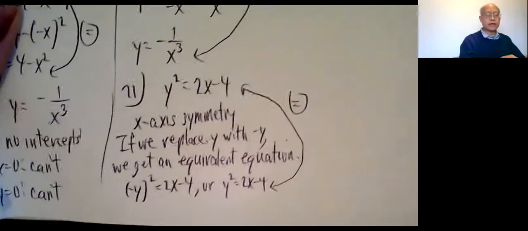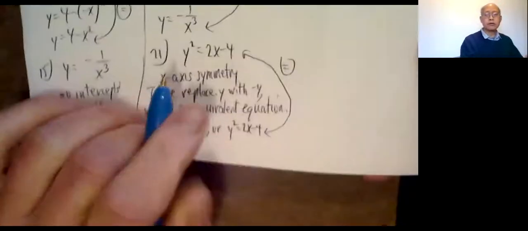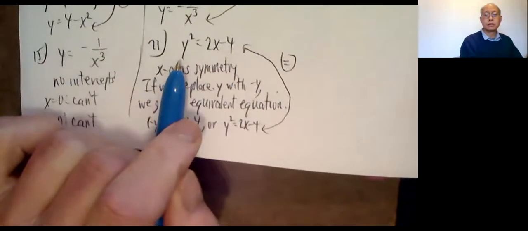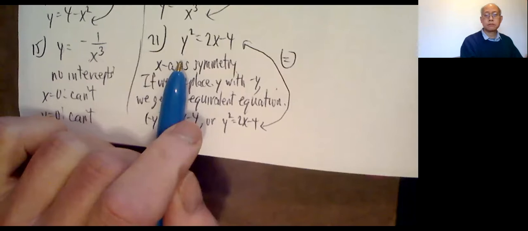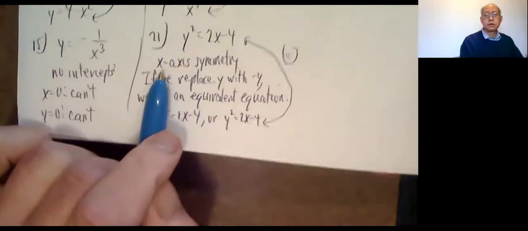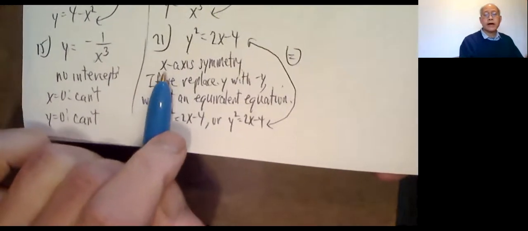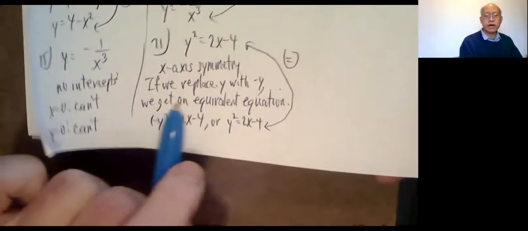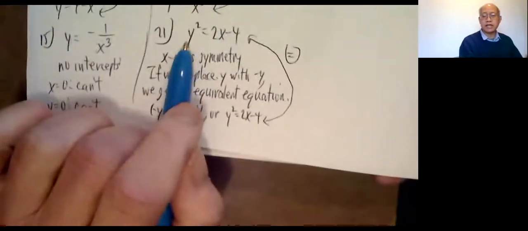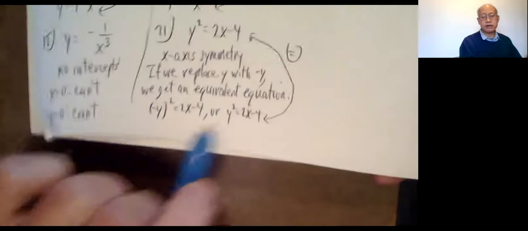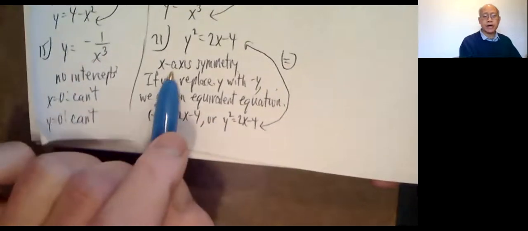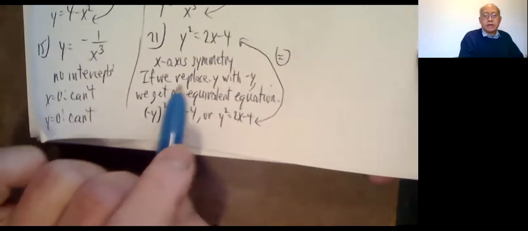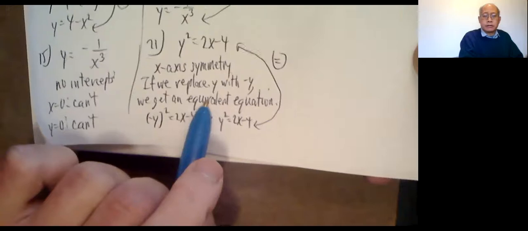So I know I haven't graphed it yet. We will. So x-axis symmetry. If we replace y with negative y, we get an equivalent equation. So if I change that to negative y squared, you get y squared, so it's the same as the original.